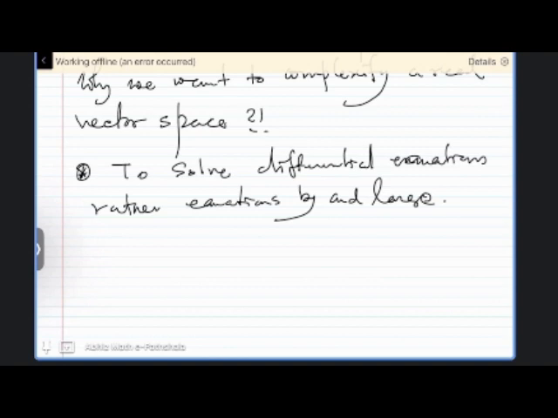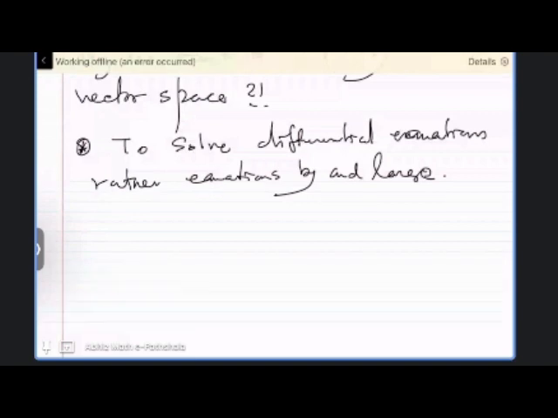So if you want to prove any result for the real case, suppose you take any linear equations, right?